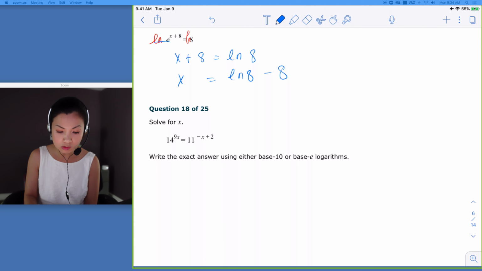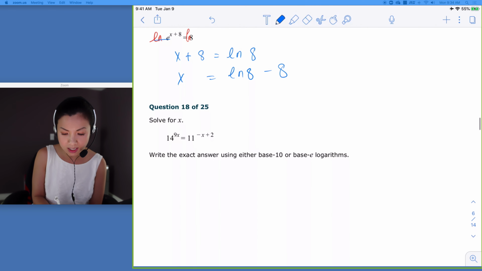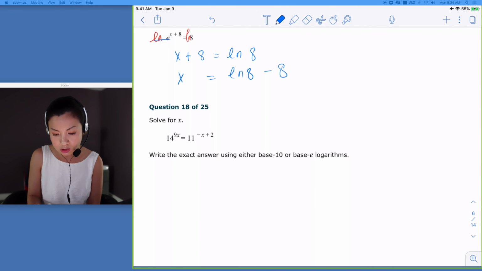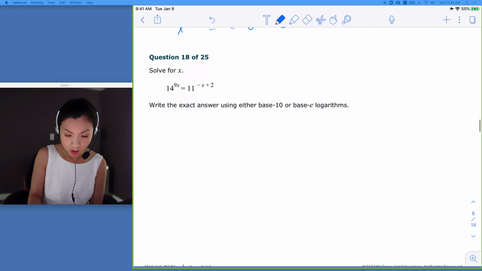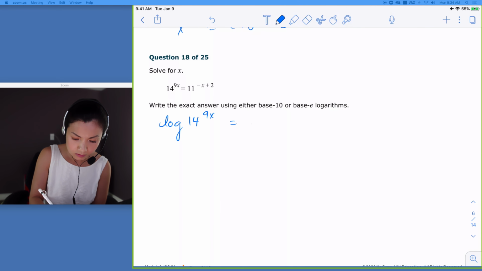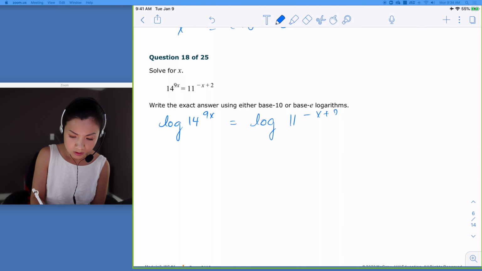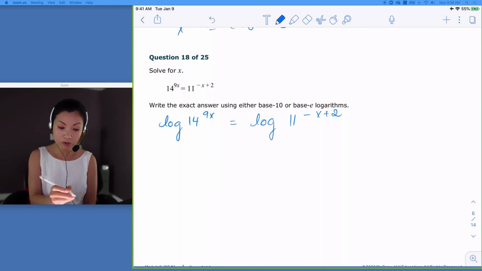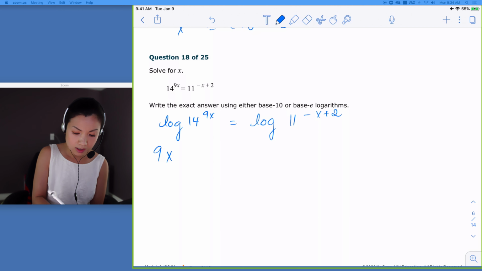All right, so you see number 18. You see right here, you use either base 10 or base e. I'm going to use log, okay? So first I apply log. And then I move the exponent to the front.